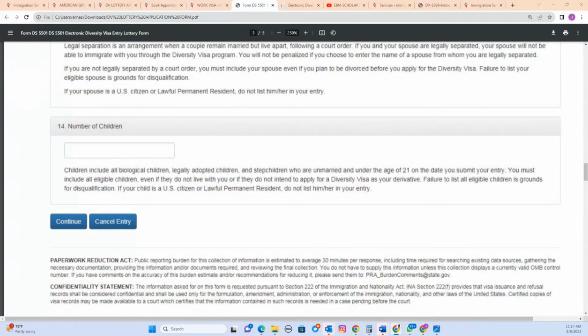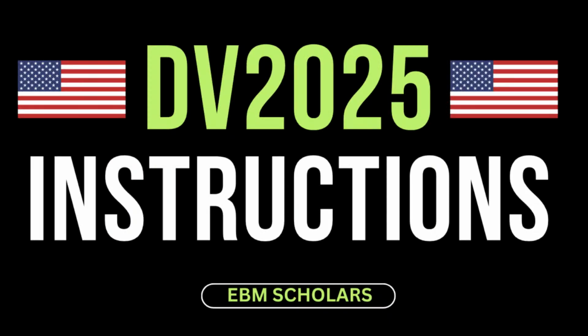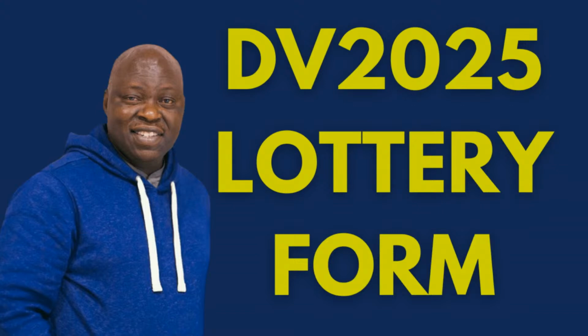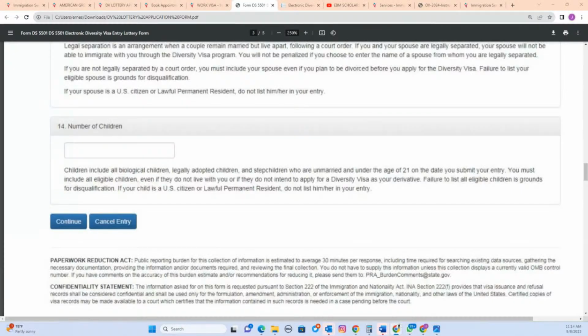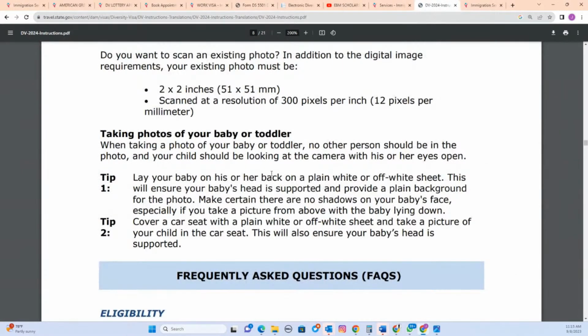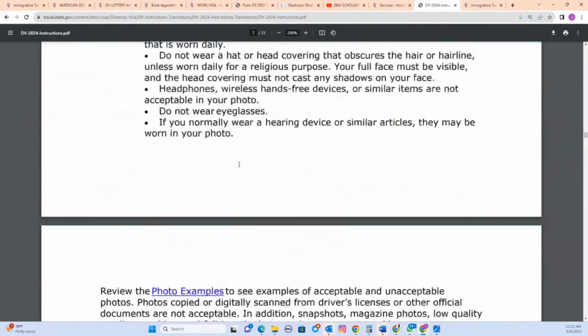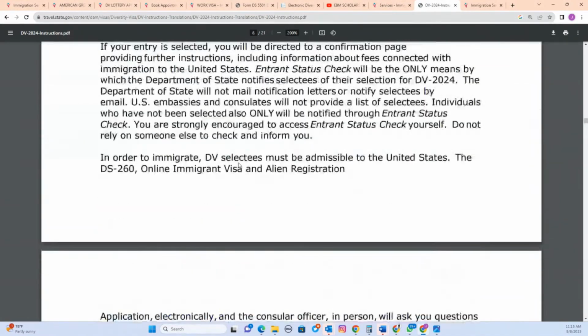I advise you also to review the DV 2025 instructions, the DV lottery instructions, and do the correct application for the DV 2025. There are mistakes, like listing a child who is not yours. That's why I want people to take these instructions seriously.